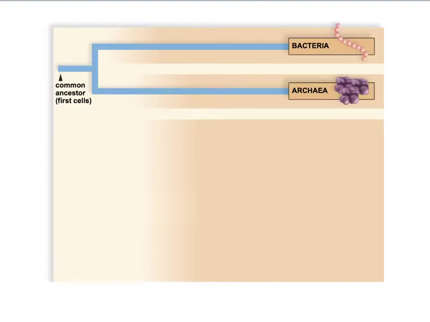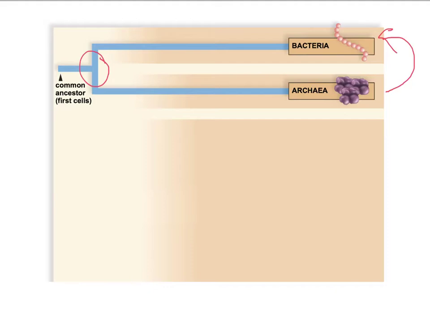Now, when you look at an evolutionary tree, you want to start focusing at the common ancestor. And as you go through, you're going to see that it splits, and at that split or that node, you could actually switch these two groups. So if you wanted to have archaea on the top, you could put that right here and bacteria below, and at this point it would mean the same thing.